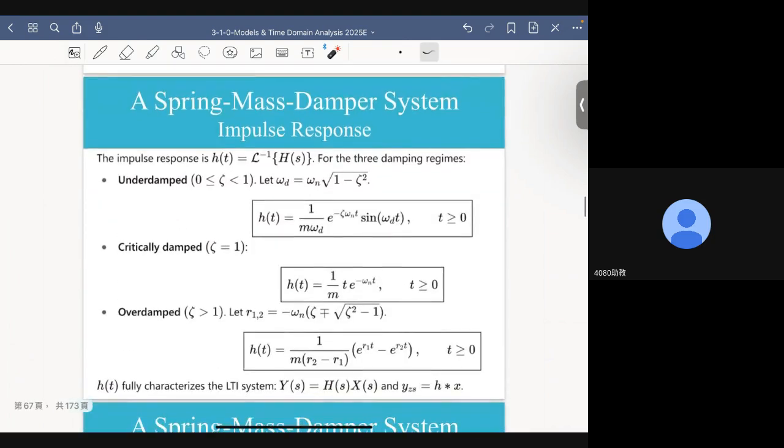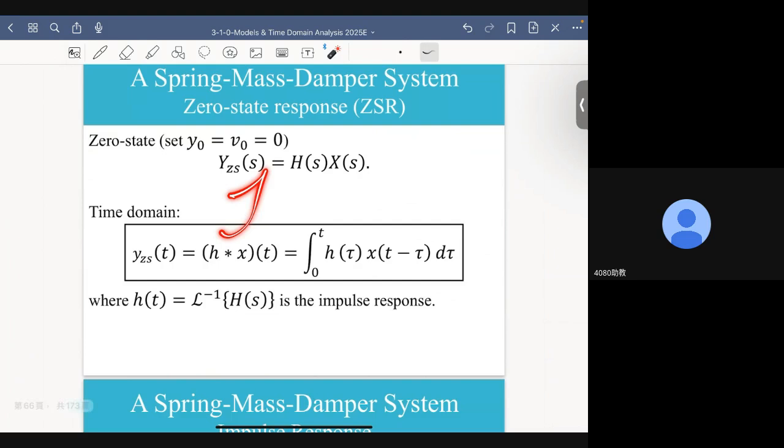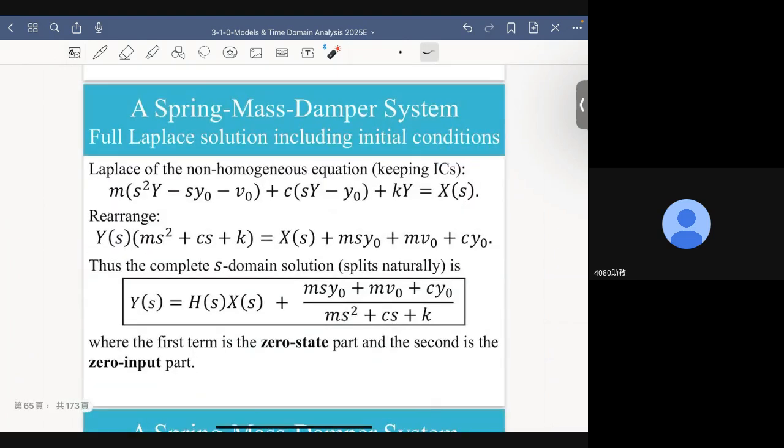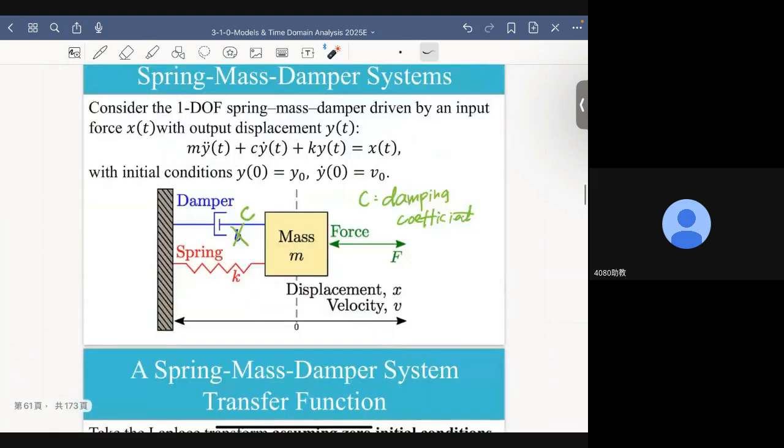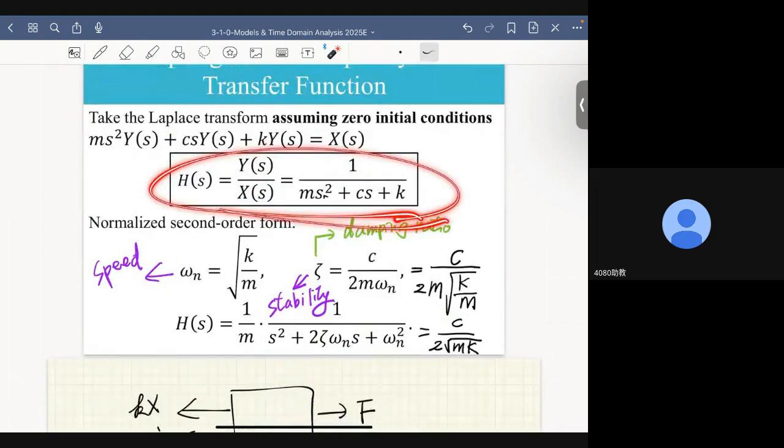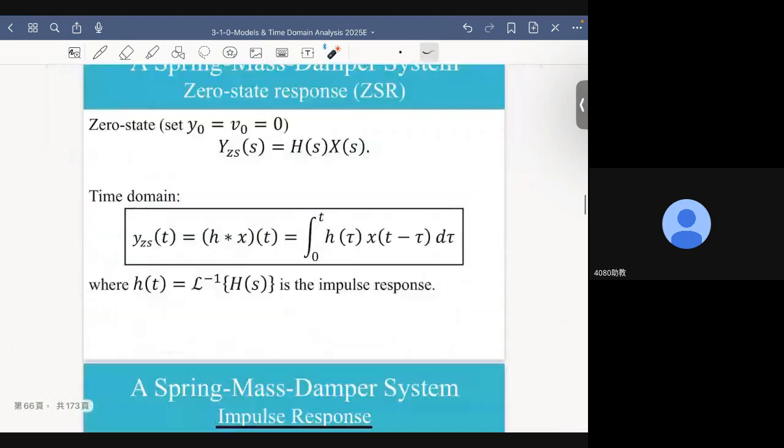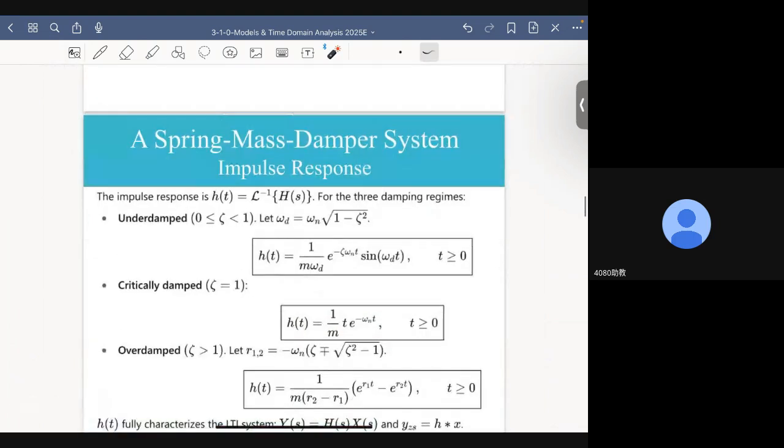And for the impulse response of this system, that is, if we take the inverse Laplace transform of 1 over ms squared plus cs plus k, we saw that before. Here, if I take the inverse Laplace transform, what will I get? The answer is that I will, of course, get the impulse response.